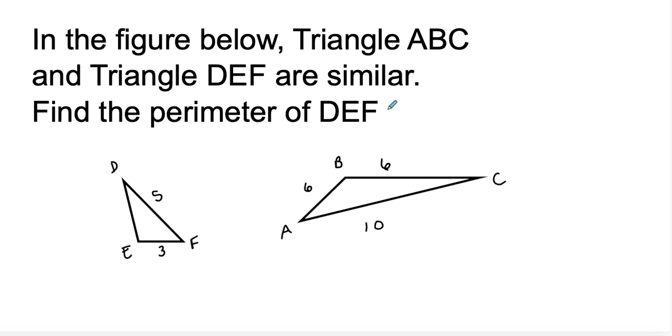All right, so here's a great question. In the figure below, triangle ABC and triangle DEF are similar. Find the perimeter of DEF. Okay, so you can see that in triangle ABC, I gave you some side lengths, 6, 6, and 10. And we're saying that these triangles are similar. So what you have to do is figure out what the missing sides would be in the triangle.